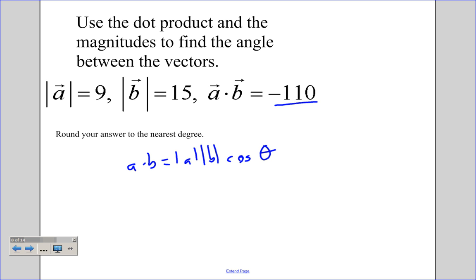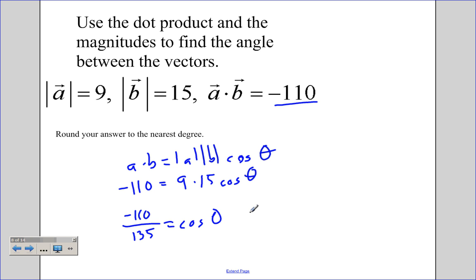Alright, so we start with the formula. This is negative 110 equals 9 times 15 times the cosine of theta. 9 times 15 is 135. So if I divide that on both sides, that's negative 110 divided by 135, to get negative 0.8148.